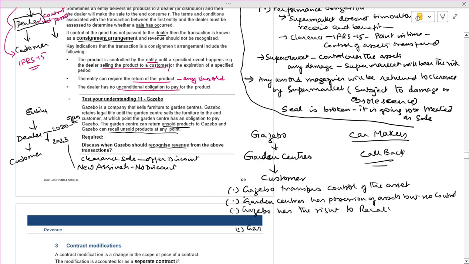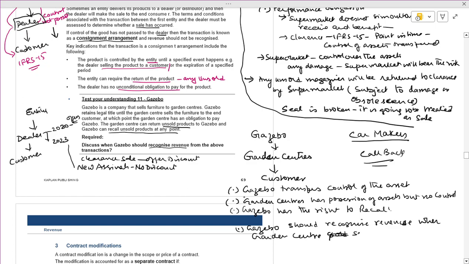Gazebo, is it right? Gazebo should recognize revenue. Is it right? Recognize revenue when the garden center sold.